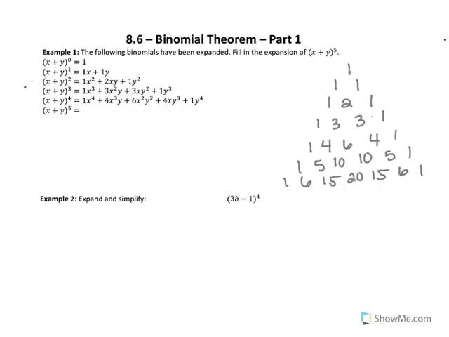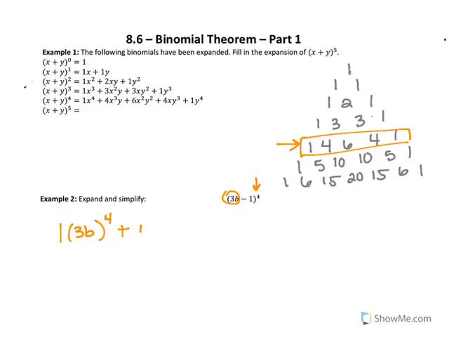When we are expanding this, whatever this exponent is, that's the row you're going to start with. The first number is 4, so I'm going to use this row. I'm going to start with 1. This is my first term, so it's going to be 3b to the power of 4. You always start with whatever your exponent is.